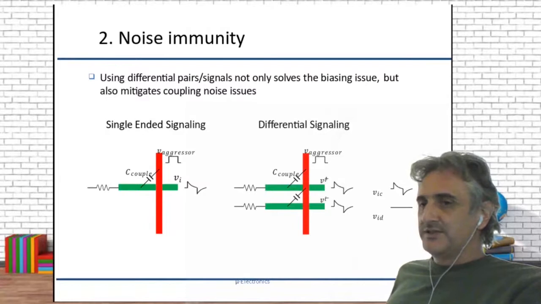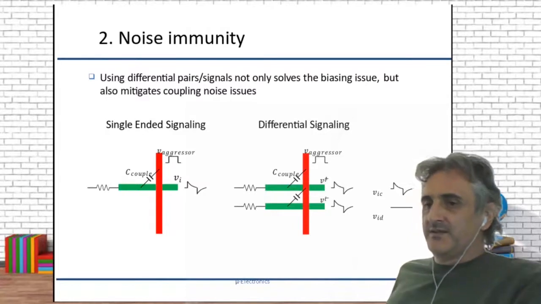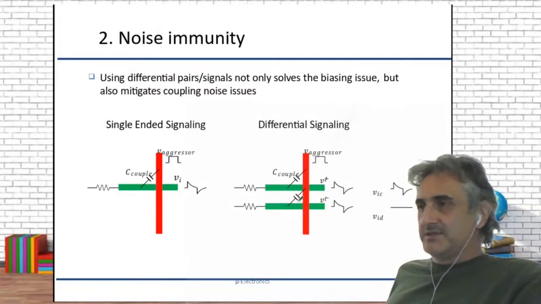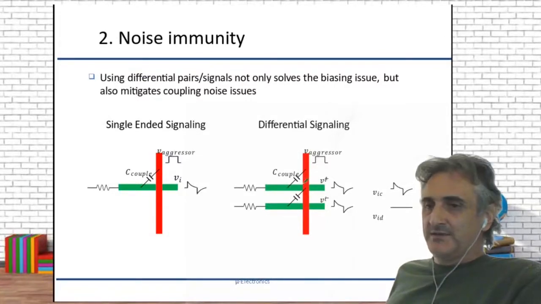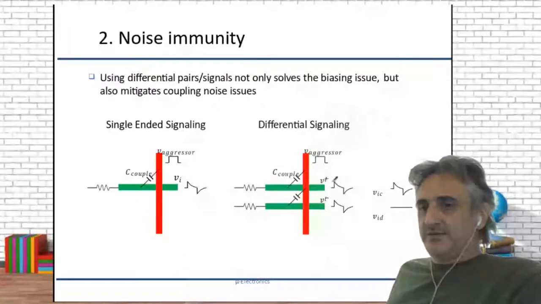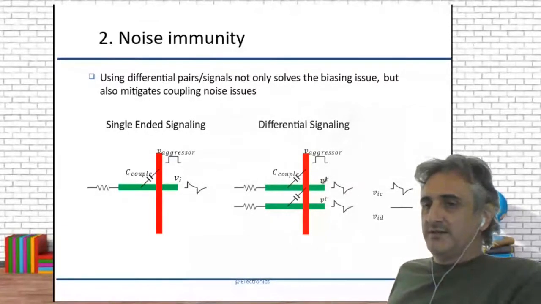But if we are using differential signaling, then most probably the signal in the aggressor, if it's well designed, will affect both of the signals similarly. So at the end, we will have the same signal, or a very similar shape, at the output of both V plus and V minus.